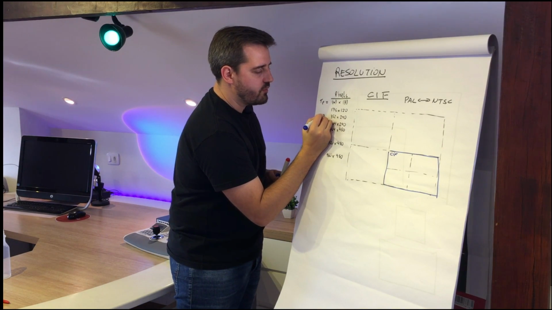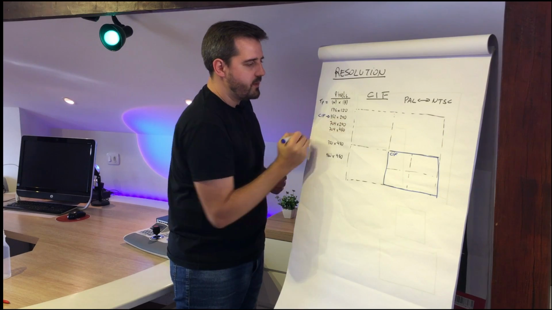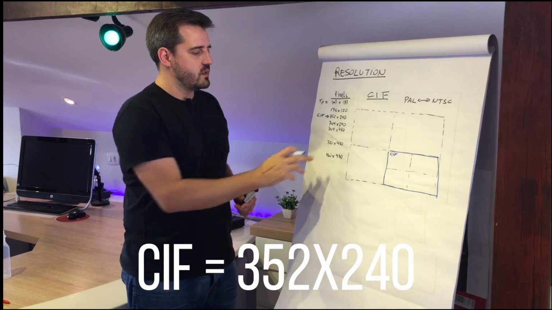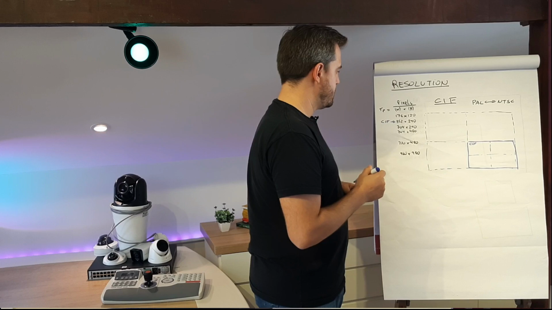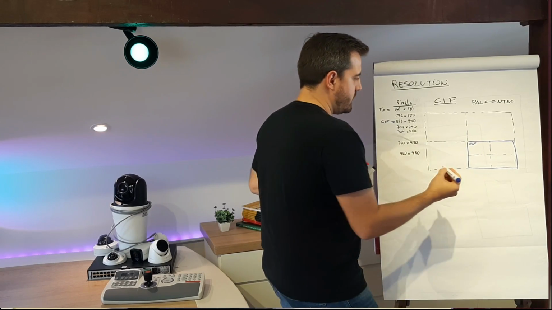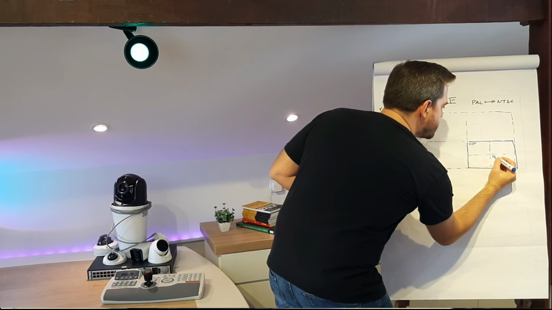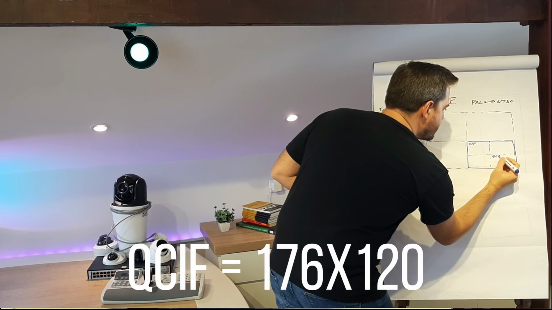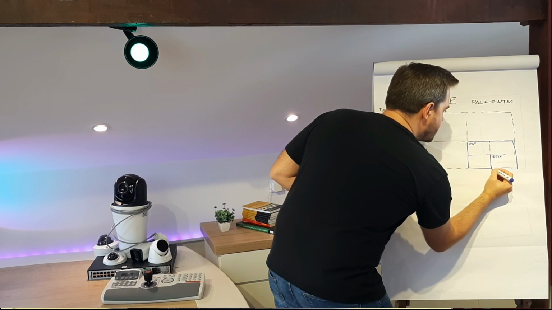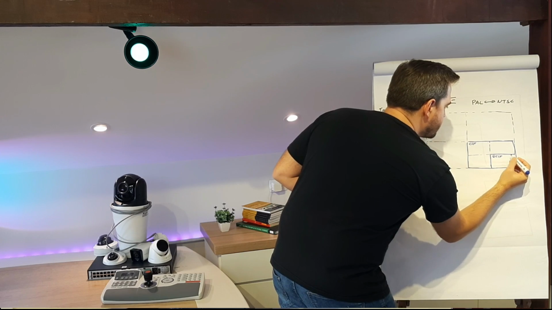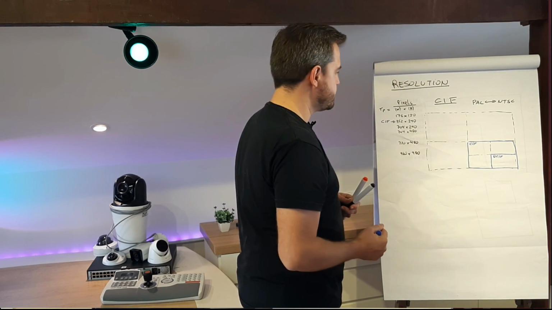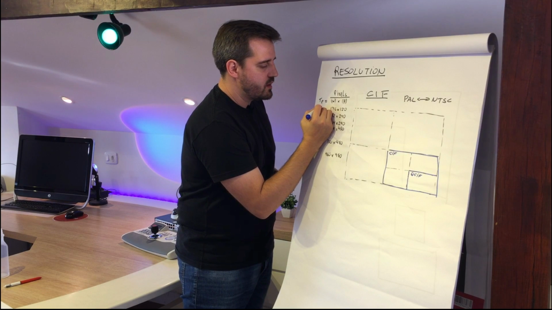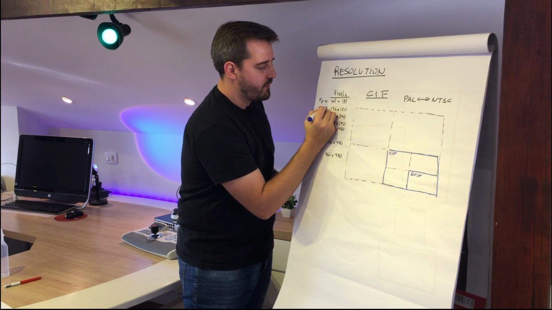The number of pixels in the width and the height is 352 by 240. We have also another type of CIF, which is QCIF, which is half of the height and half of the width of the CIF. So this is QCIF.